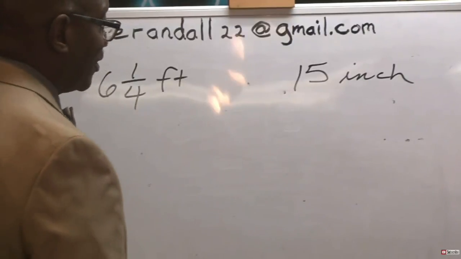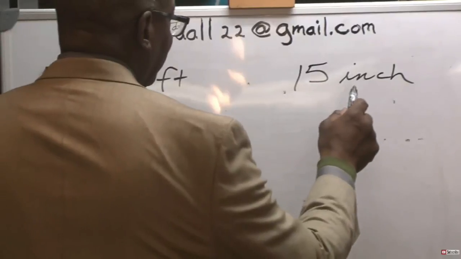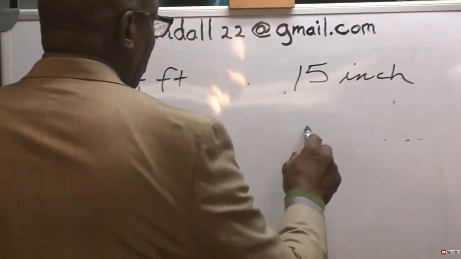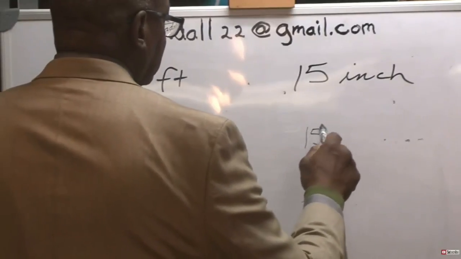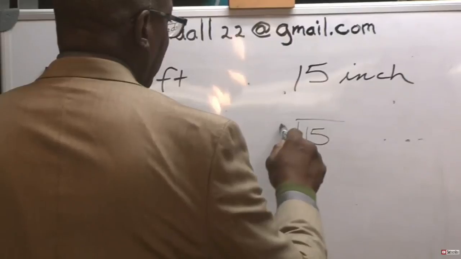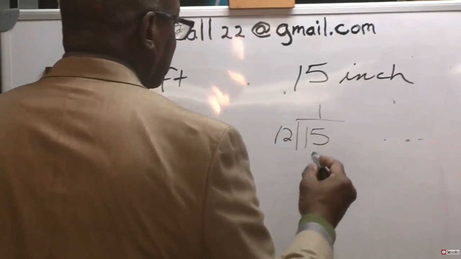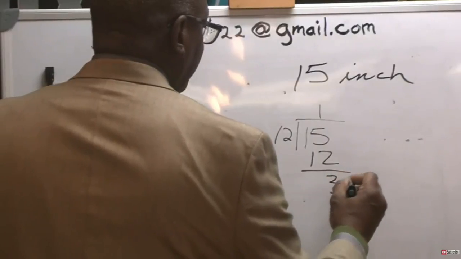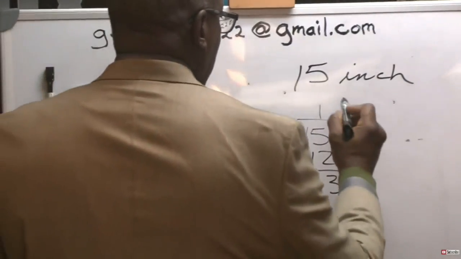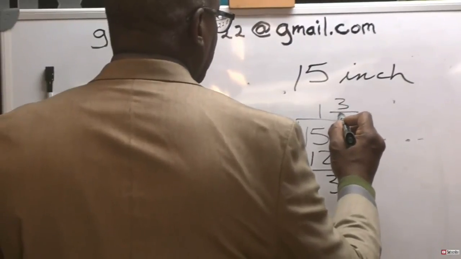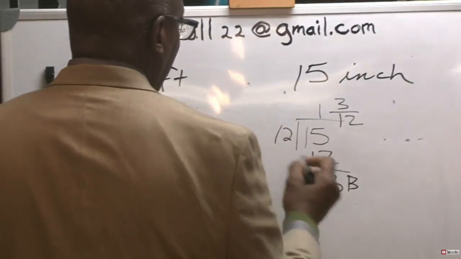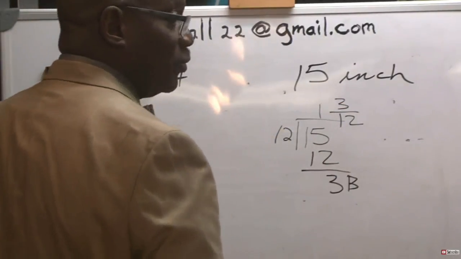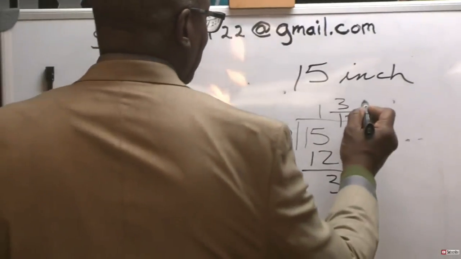12 inches. So, we're going to express 15 inches into so many feet. So, 15 divided by 12, you get 1 with a 3 remainder, and that 3 becomes the numerator, and the divisor 12 becomes the denominator. Is this 3/12 in simplest form? No. We went over this last week and the week before.